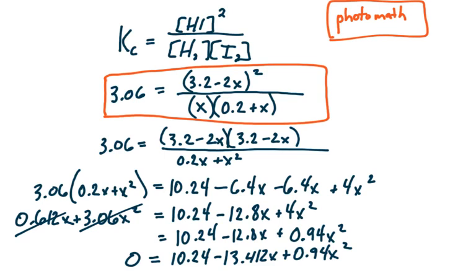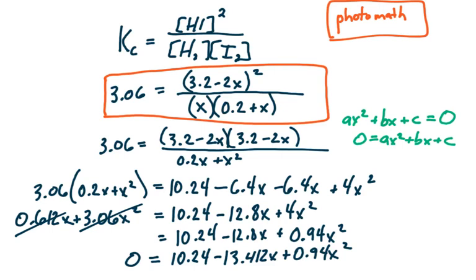So the quadratic expression is ax squared plus bx plus c is equal to 0. Okay? Or 0 is equal to ax squared plus bx plus c. So let's rearrange this. And what I want to do is put this in front.